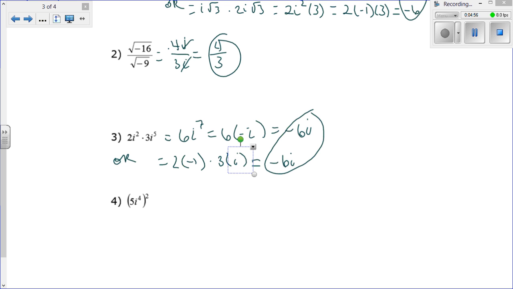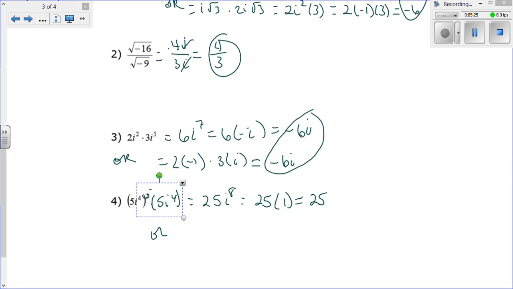For number 4, we could write it out again because I have a squared there. And I'd multiply and I get 25 i to the 8th. i to the 8th is 1, so I just get 25.